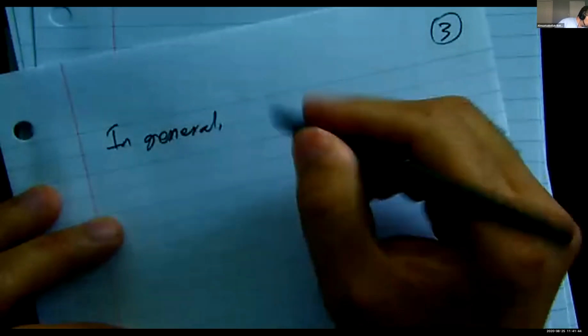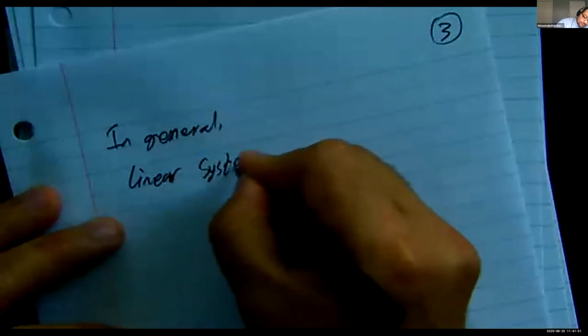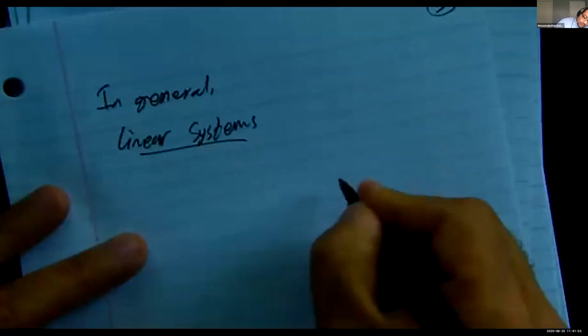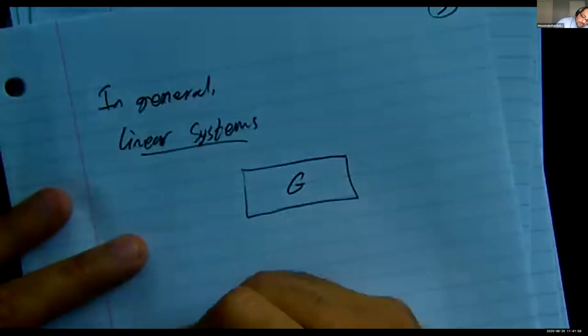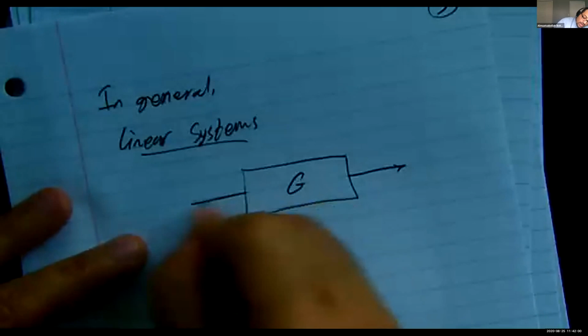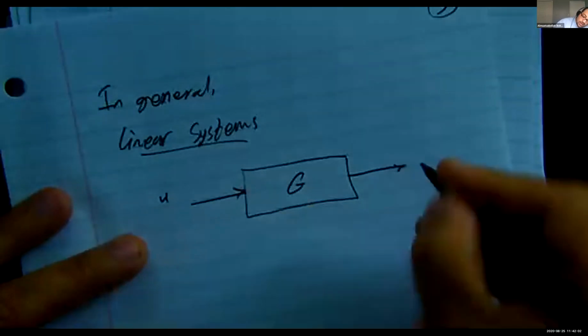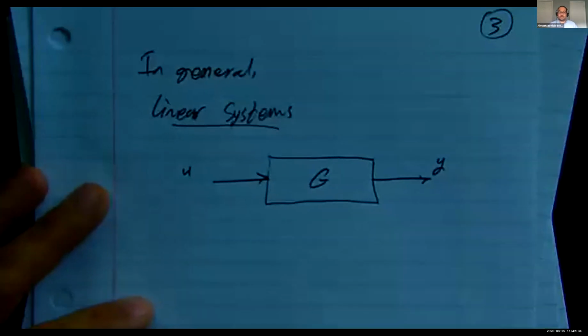All right, so in general, for linear systems, what we have is a relationship between U, the input, and Y, the output.